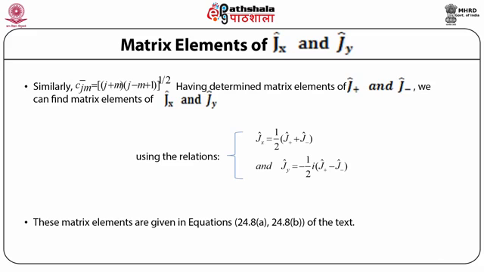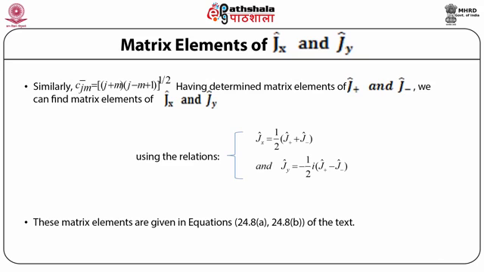Here the constants C plus Jm and C minus Jm, which are also sometimes referred to as the creation and the annihilation numbers, can be determined by equating the norms of the above equations, that is the scalar product equations of the operators J plus and J minus on both sides.